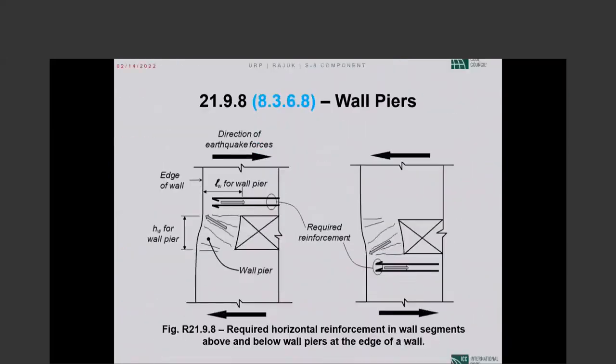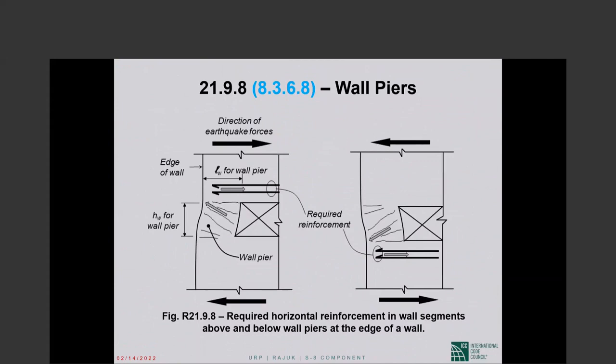The final thing, this was never in the UBC or the IBC, but we have added this in 318. So this is a wall pier at an edge of a shear wall. If the earthquake direction is as shown in the figure, then compression diagonals will form as shown in the picture in the wall pier or in the wall segment.